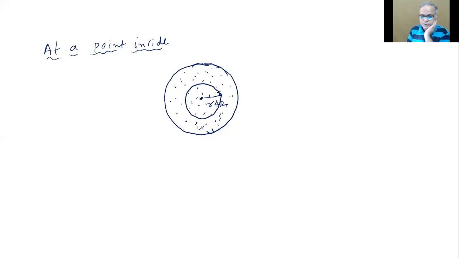Now for this, you tell me the reason. Look, for all the outer shells, this point will be an internal point, right? So the shells contribute 0. So ultimately, it looks as if only effectively this mass is applying force on another mass placed here. This total mass is Mr.